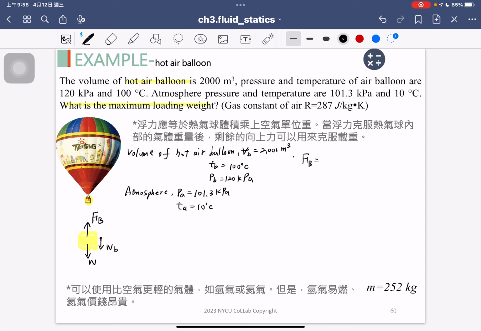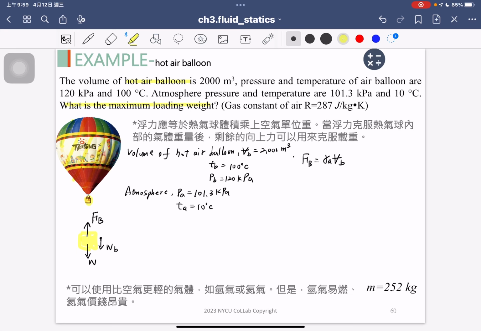As we know, the buoyant force needs the gamma of the liquid. Right now the fluid is the atmosphere air, so we should have gamma A, and gamma A needs to multiply the displaced volume. The displaced volume is VB, because the displaced volume is the balloon volume.